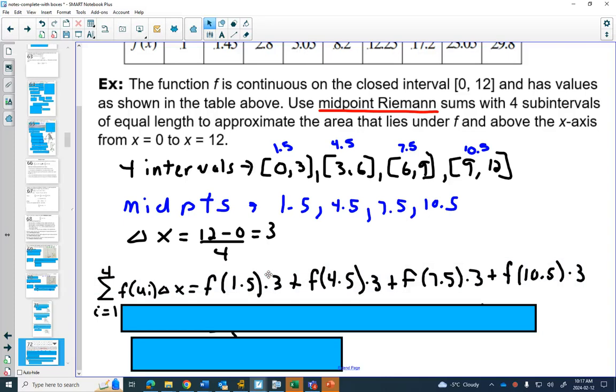So if we take the midpoint, find that height, that's your y value, multiply each of those by 3, because that's the width of your rectangle.